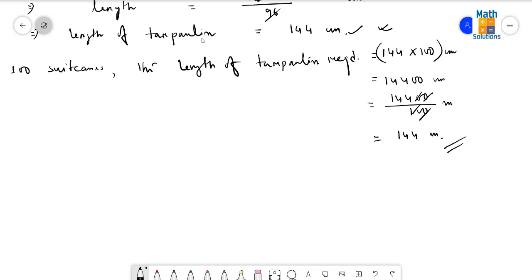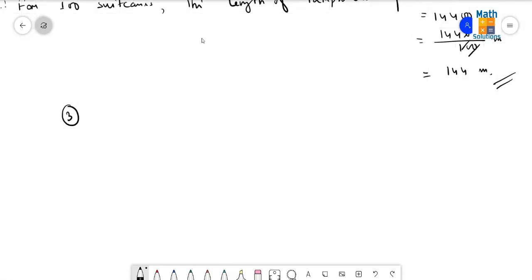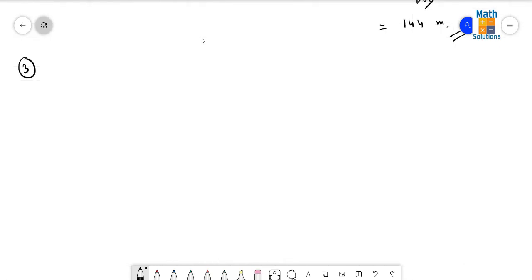Next, we shall come to question number 3. What is said here? Find the side of a cube whose surface area is 600 centimeters square. So in question number 3, what is given? Or just before that, we shall be writing one more thing. Edge length of the cube is not mentioned here, so let's consider that first.